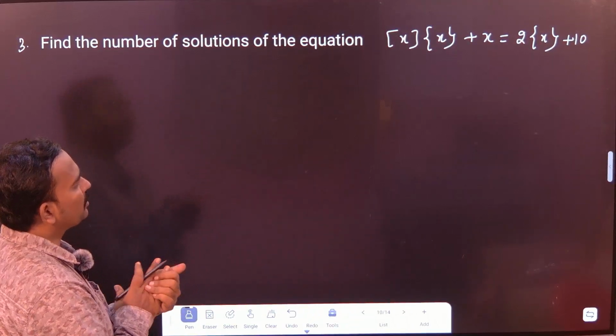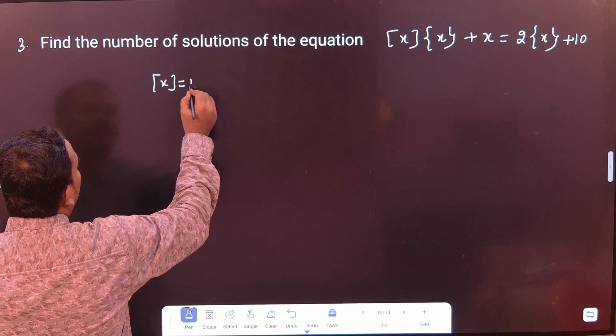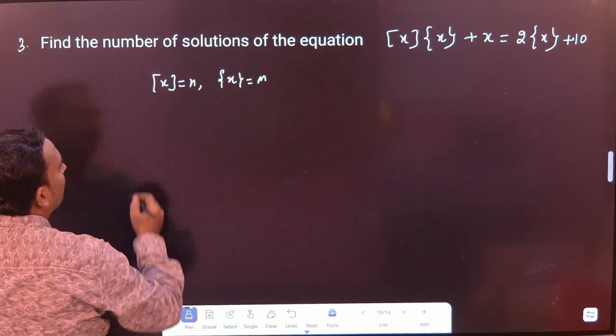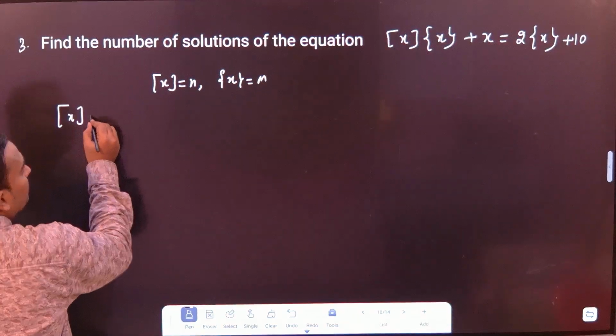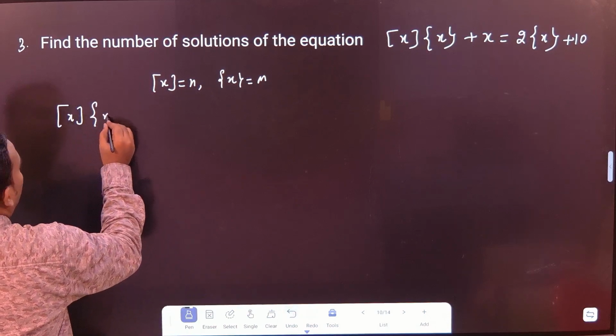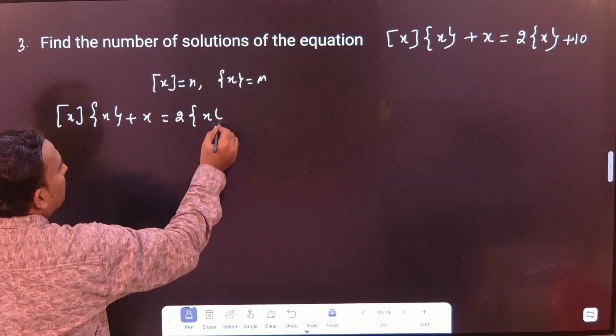So how to solve this question quickly? You know that the greatest integer function, let's take n. The fractional part function, you can take m. So how to rewrite this equation? You can see the greatest integer function times the fractional part function plus x is equal to 2 times the fractional part function plus 10.